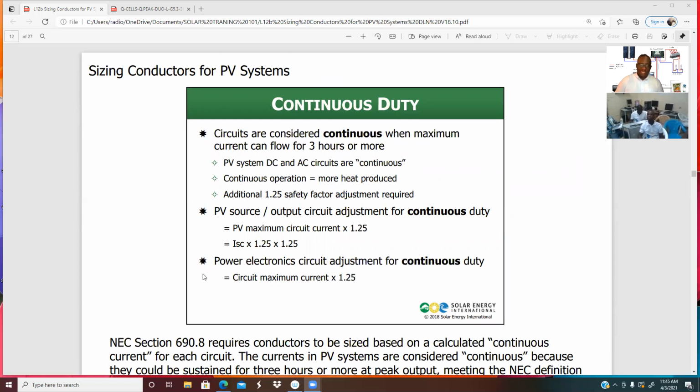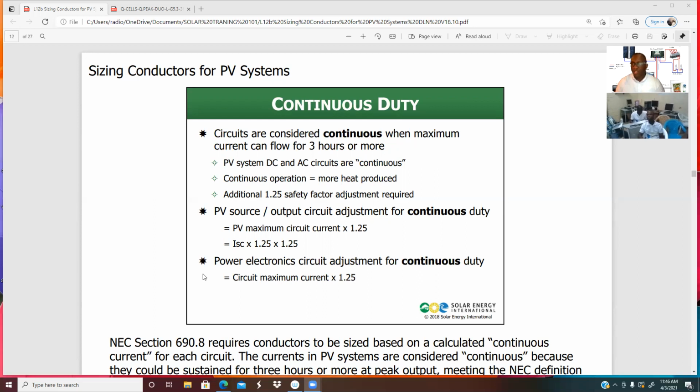PV systems' DC and AC sources are continuous. Continual operation equals more heat produced. An additional 1.25 safety factor adjustment is required. PV source or output circuit adjustment for continuous duty equals PV maximum source current times 1.25, which is Isc times 1.25 times 1.25.